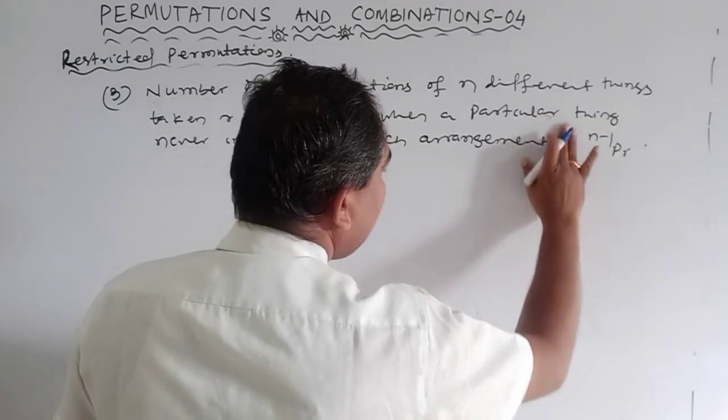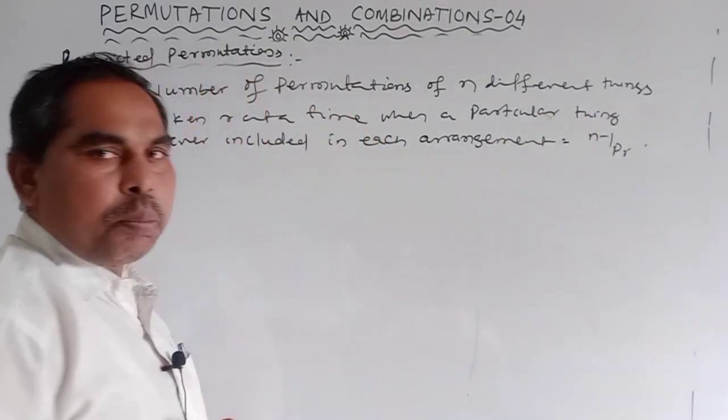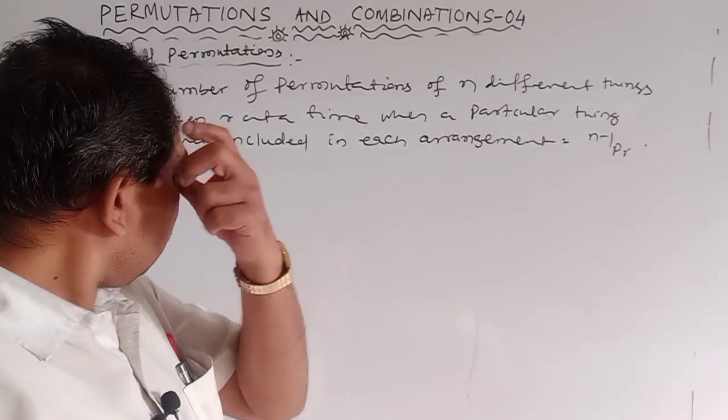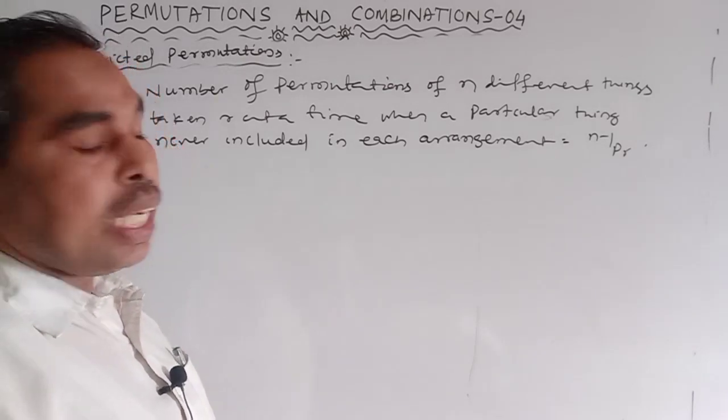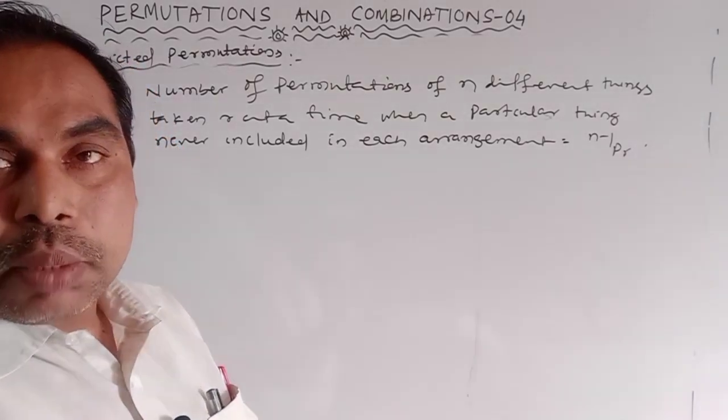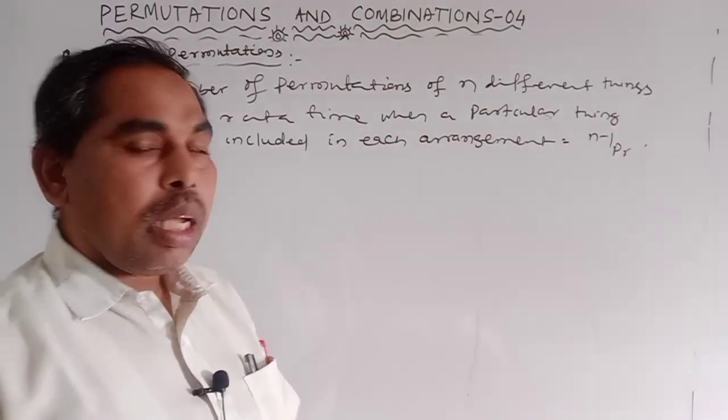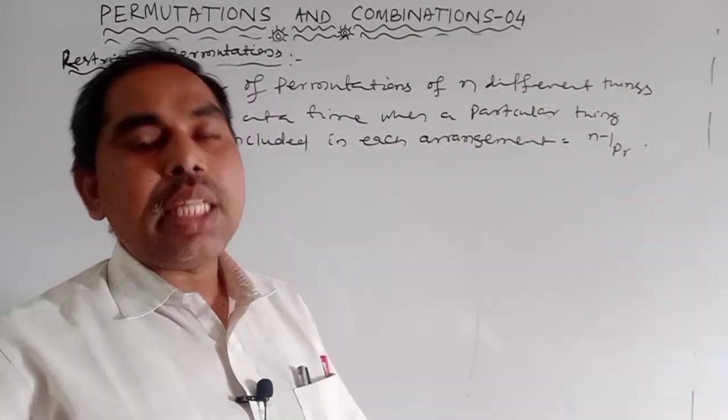Out of n different things taken r at a time, the total number of permutations means nPr. But here a particular thing is never included in each arrangement.